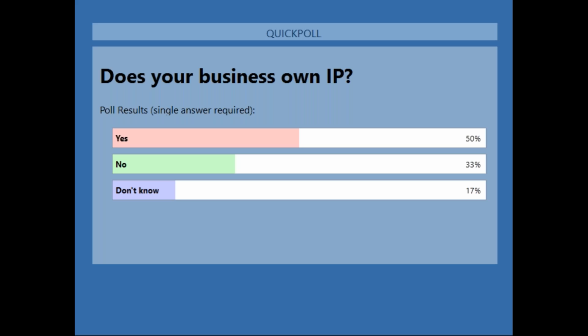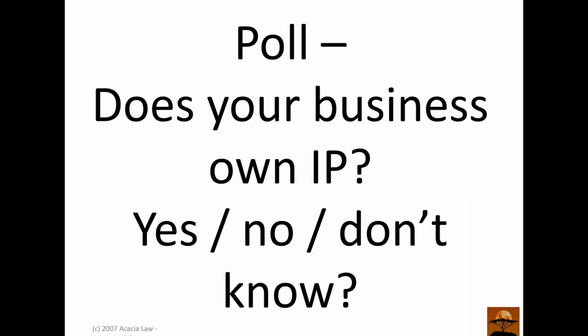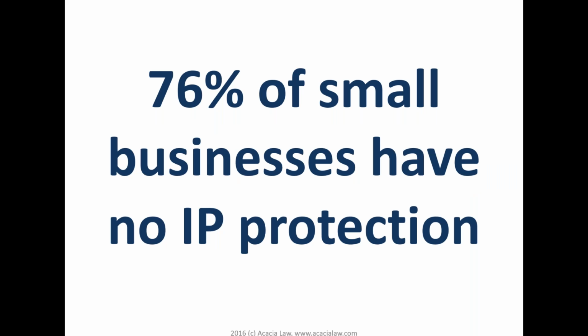Now, I just want to show you a slide. Well, I think we might have to close the poll. This is a statistic from the Australian Bureau of Statistics, which says that 76% of small businesses have no intellectual property protection. And I know half of you either didn't think you had IP or knew that you didn't, or you weren't sure.